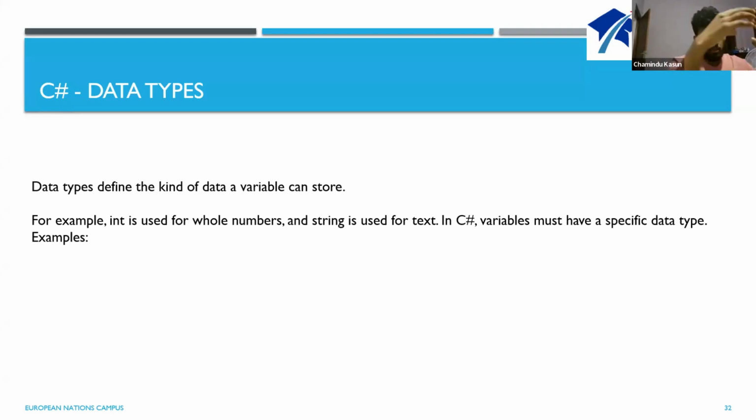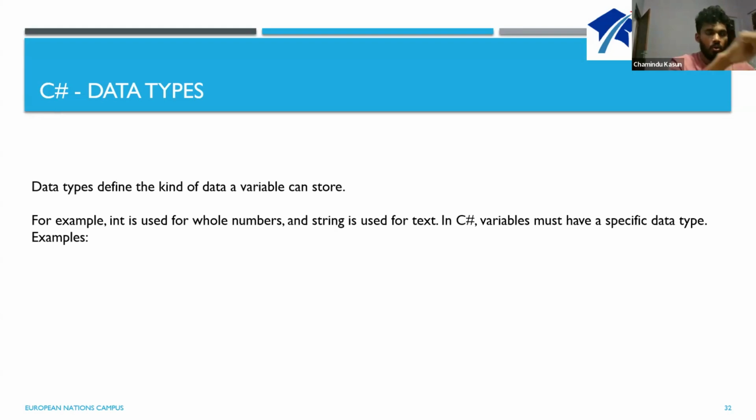We have numbers, then we have characters, then we have booleans, right? So numbers can be either whole numbers or decimal numbers.